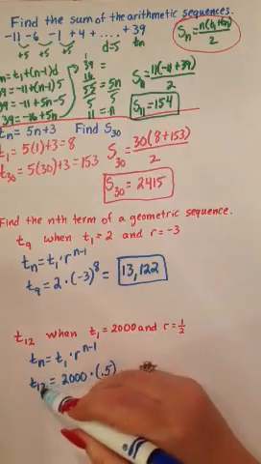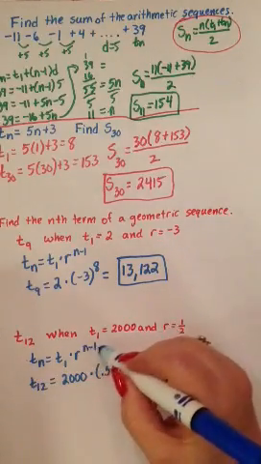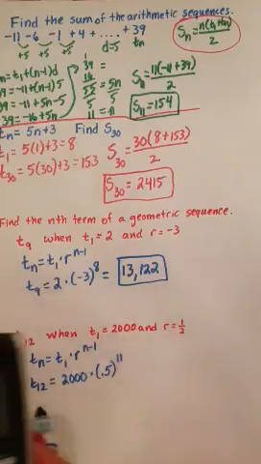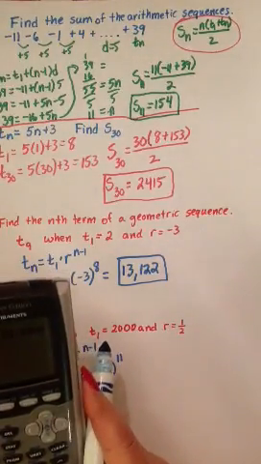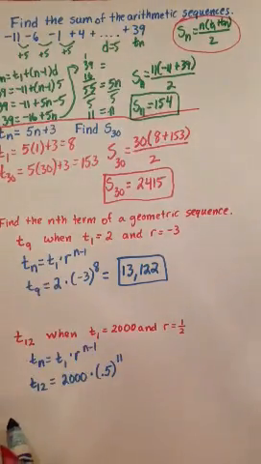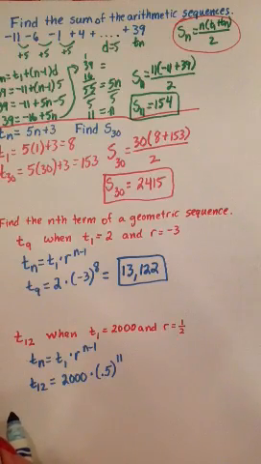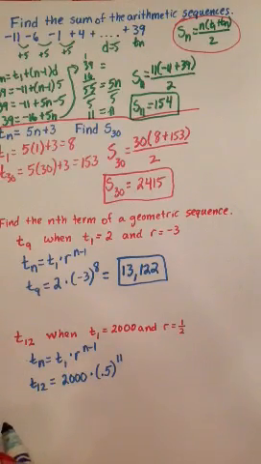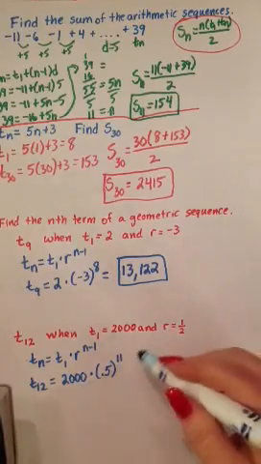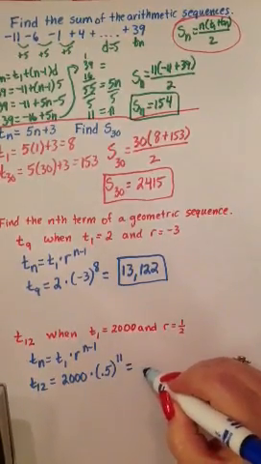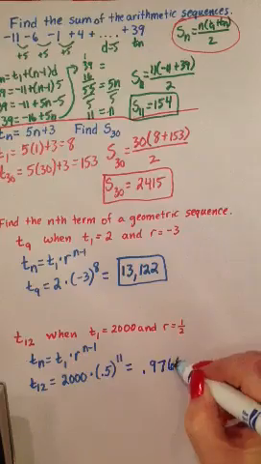And so n is 12, and 12 minus 1 is 11. So I'm going to say 2,000 times 0.5 raised to the 11th power. And I get that the 12th term is 0.9766.